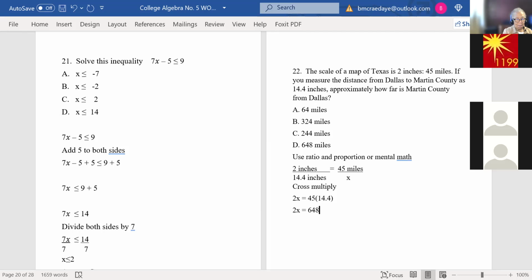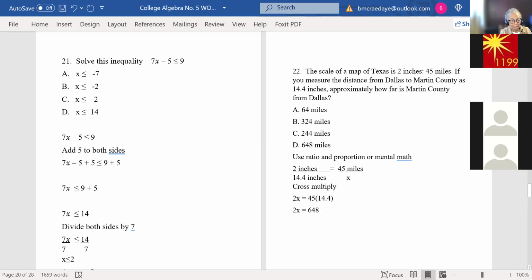You have to solve this for x. 2 times what number is 648? You got 2 times x, and x is the number of miles equivalent to 14.4 inches.